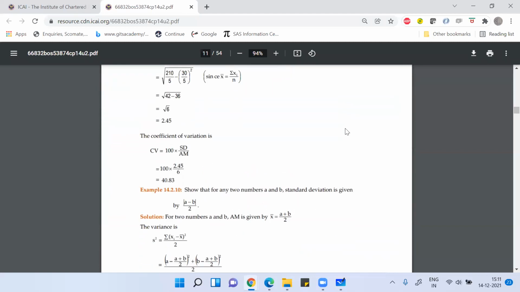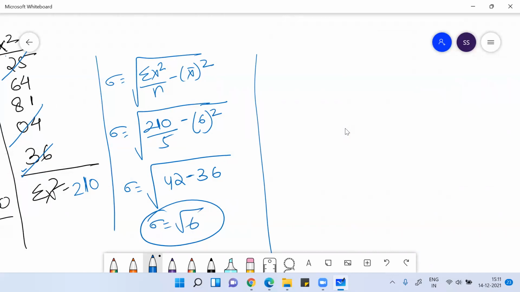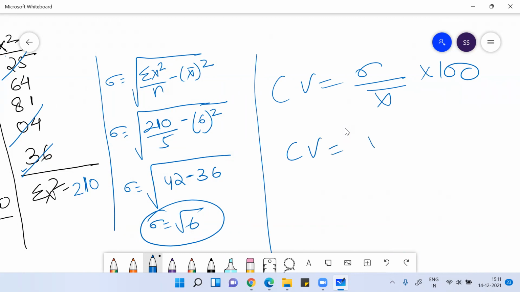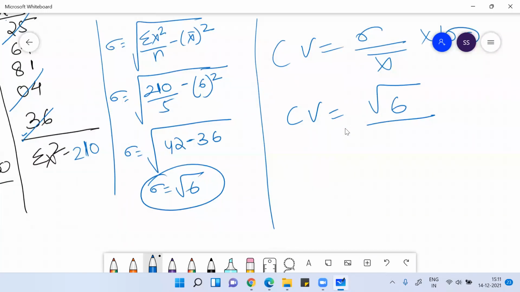So if I ask what is the coefficient of variation, the coefficient of variation is nothing but standard deviation by mean into 100. The standard deviation is root 6. Mean is 6, into 100.